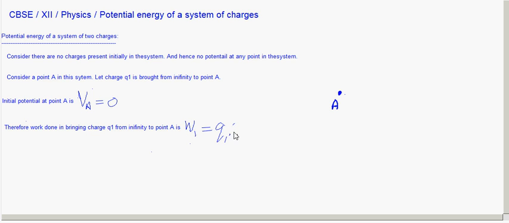We know the work done is potential multiplied by charge. Because V_A is 0, this value is q1 into 0, so 0.